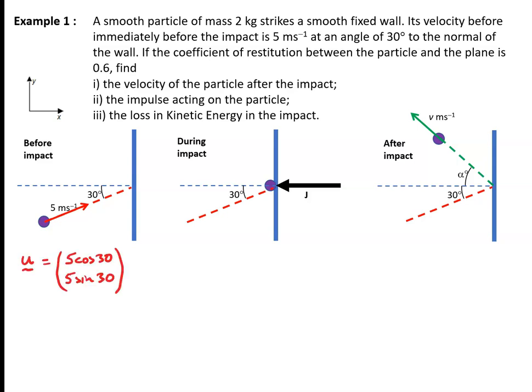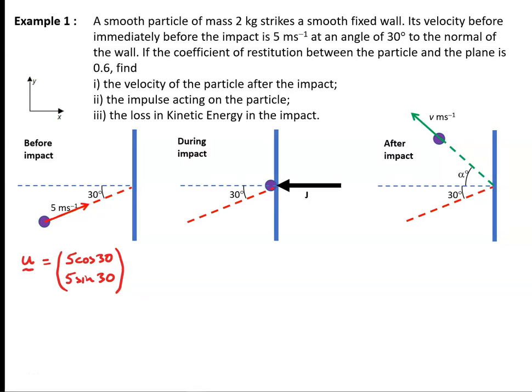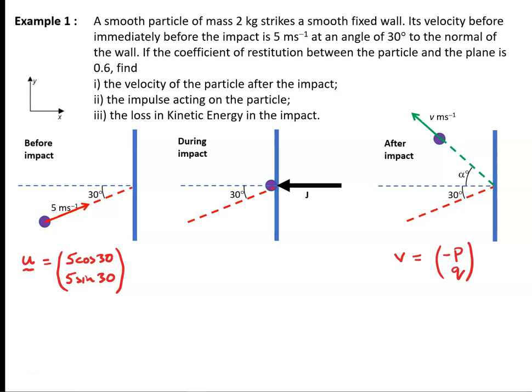So first of all, using the x-axis and the y-axis defined in our diagrams, the initial velocity is 5 cos 30 in the x direction and 5 sin 30 in the y direction. And we'll write the final velocity as a vector (-p, q), where p and q are positive numbers.